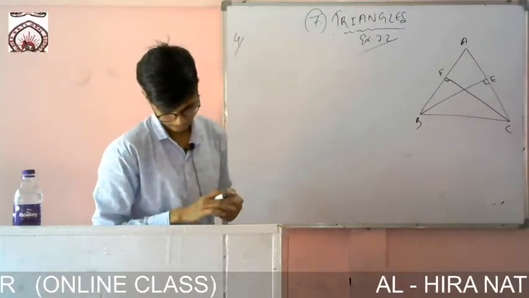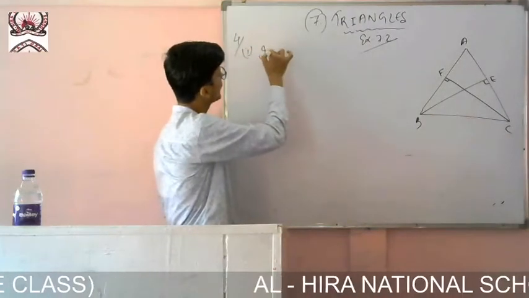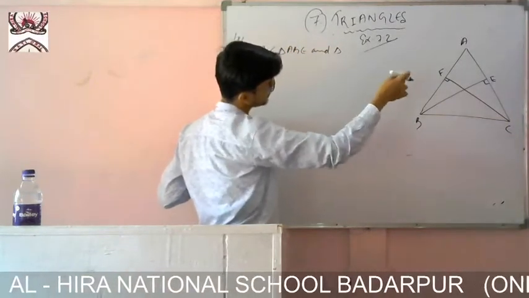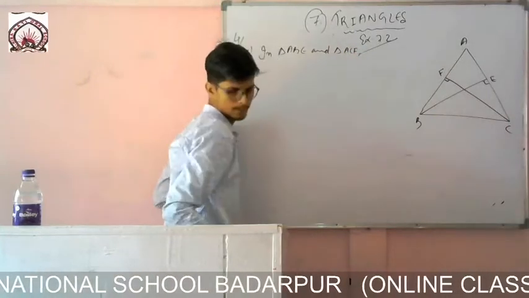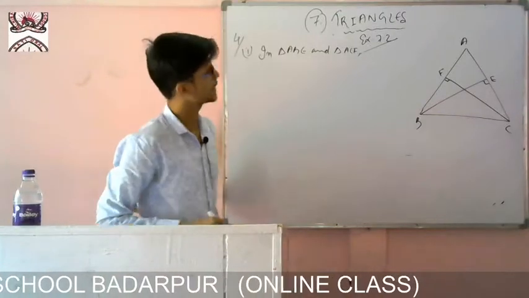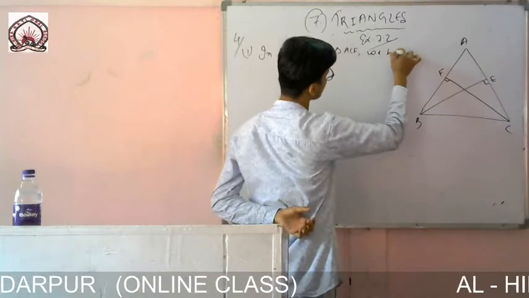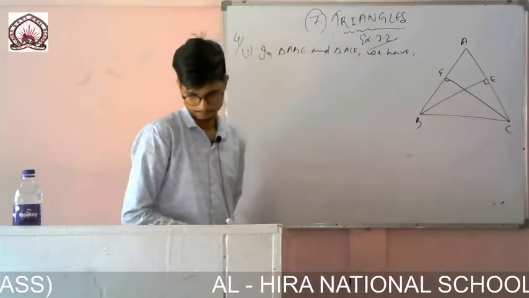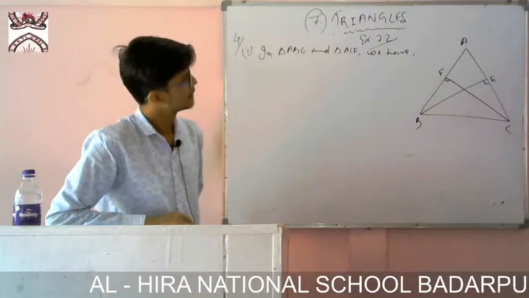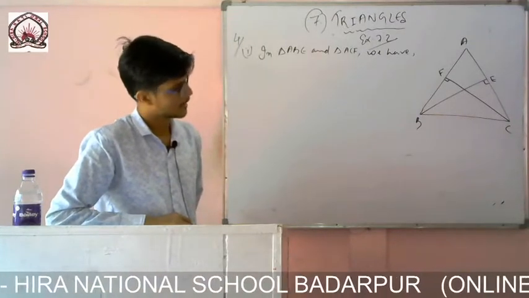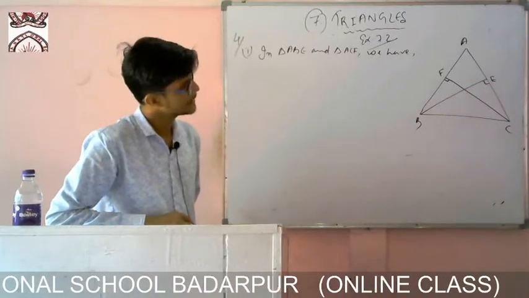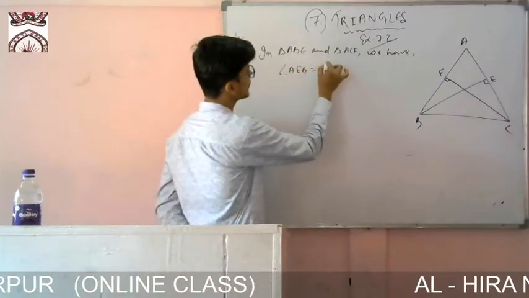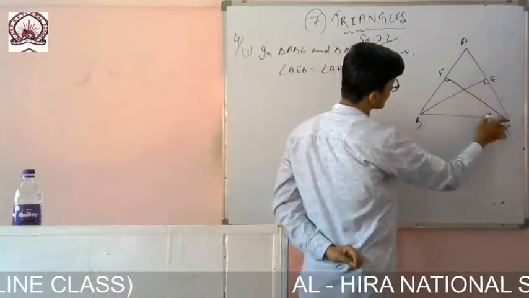So you write like this, Roman number 1. In triangle ABE and triangle ACF we have, you see here in this triangle, these two are given perpendicular, so I can write like this, angle AEB will be equal to angle AFC.